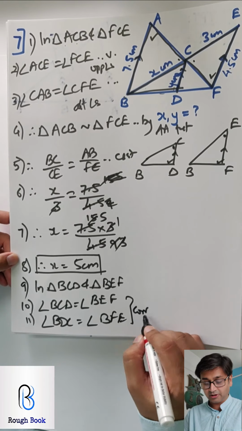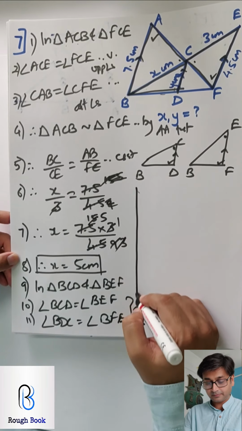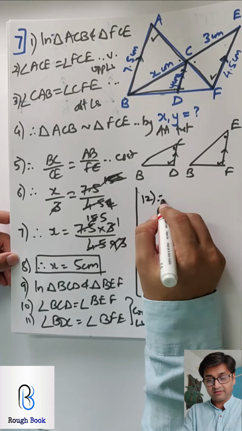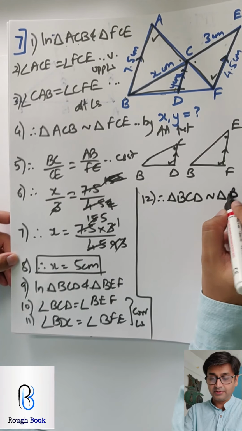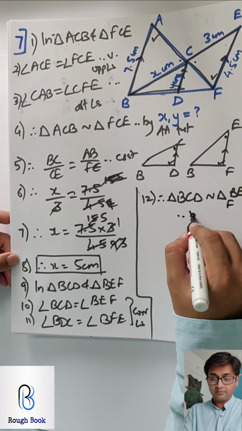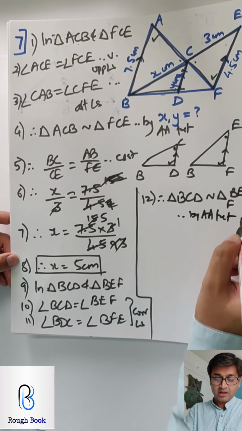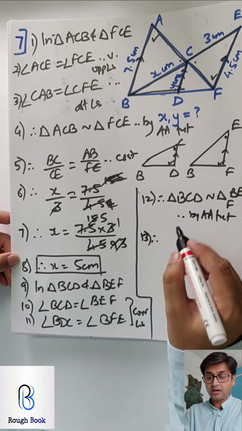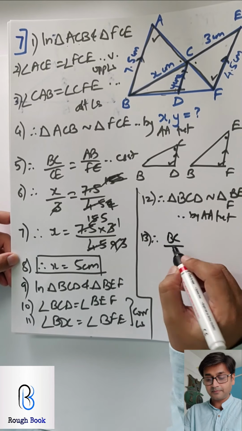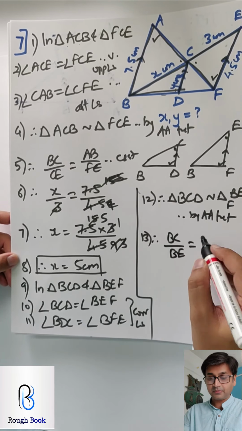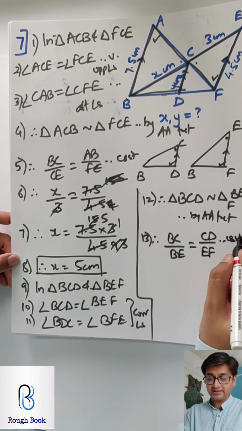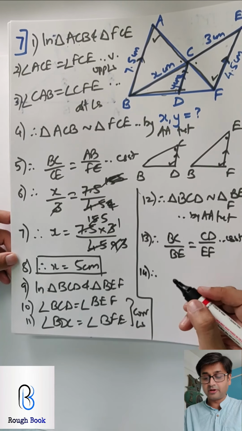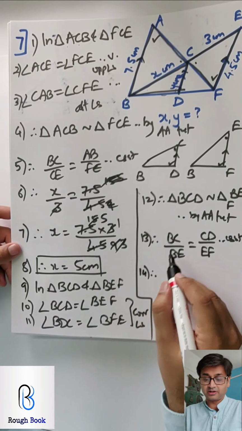Both are corresponding angles, and therefore triangle BCD is similar to triangle BEF by AA test. Once your triangles are similar, I will say BC upon BE equals CD upon EF, CSST. Don't forget to mention your reasons wherever necessary, okay?